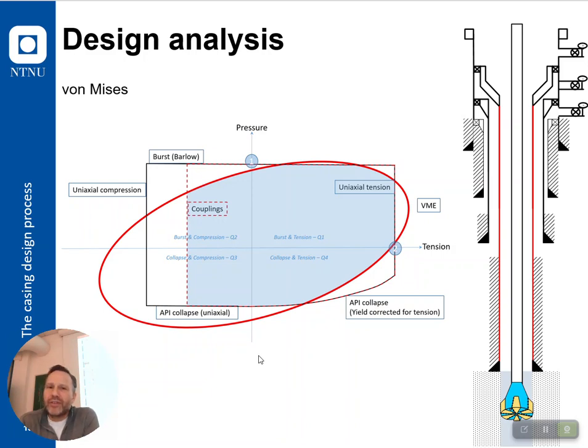Where I'm going now, burst and Barlow, as much as the 1960 calculations, are assuming no opposite pressure. So Barlow says this is what the pipe can take when there's no pressure on the outside.